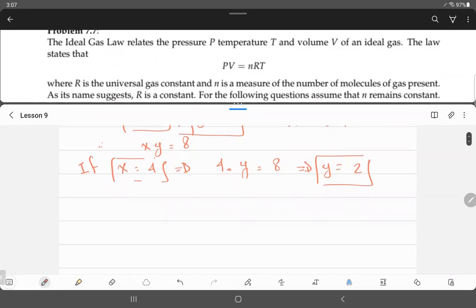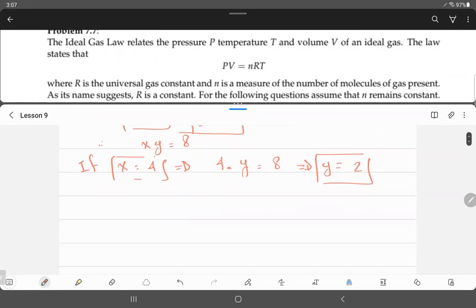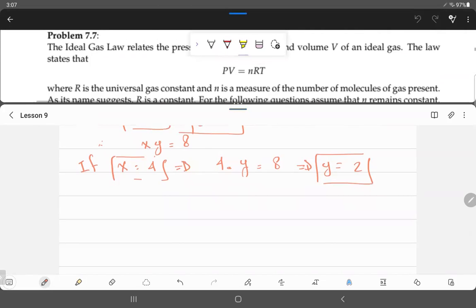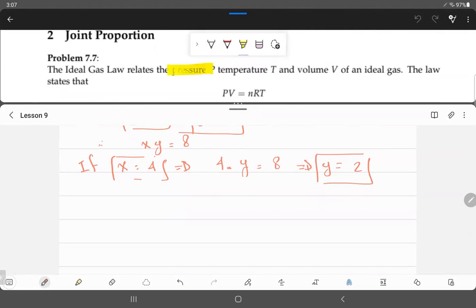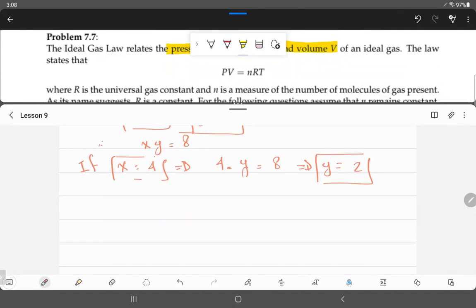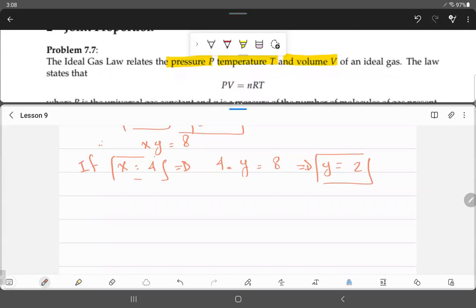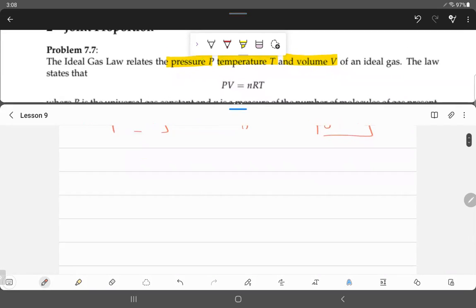The ideal gas law relates the pressure P, temperature T, and volume V of an ideal gas. The law states that PV is equal to nRT. Let me write this here.